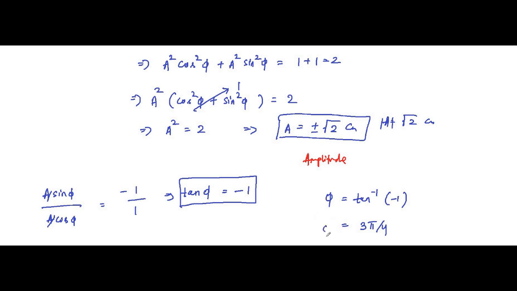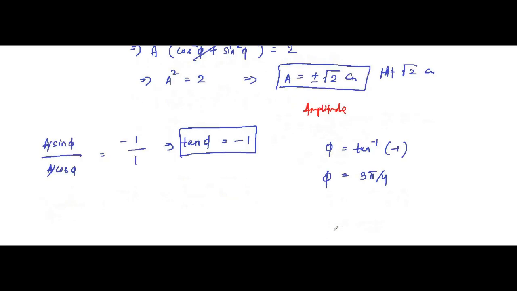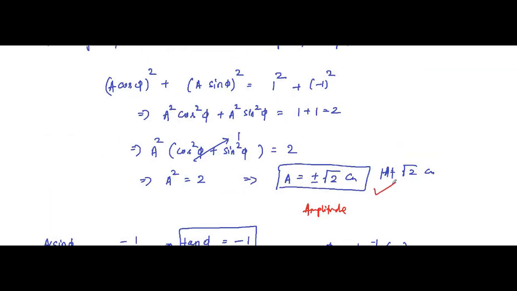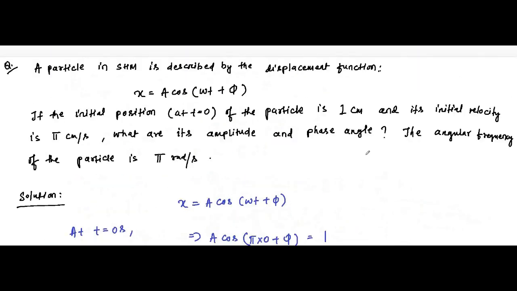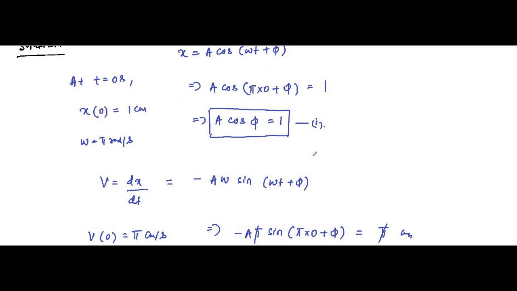That implies phi is equal to 3 pi by 4, which is the initial phase angle. So this is the initial phase angle and this is the amplitude, which were asked in the question: amplitude and phase angle.